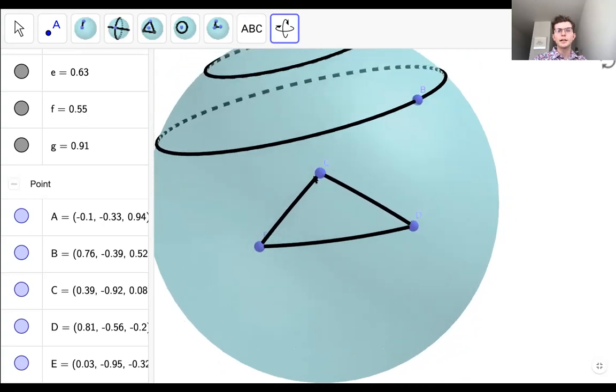On the surface of the sphere, this has every right to be called a triangle. This is as close as you get to the usual triangles that you would draw on the XY plane.